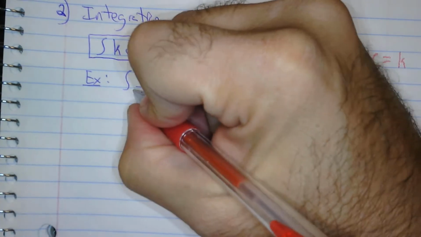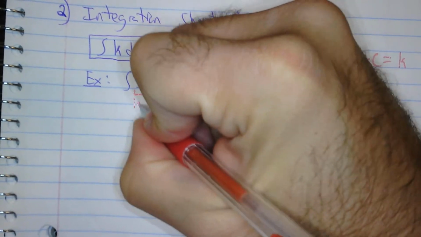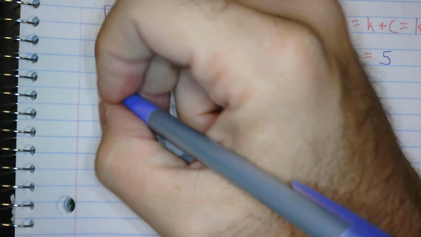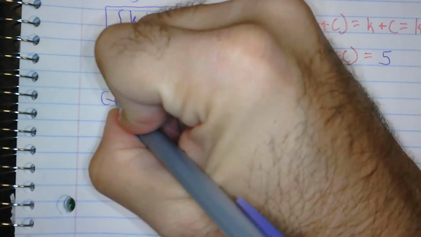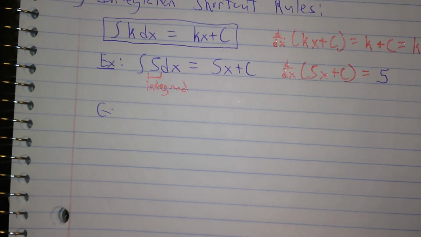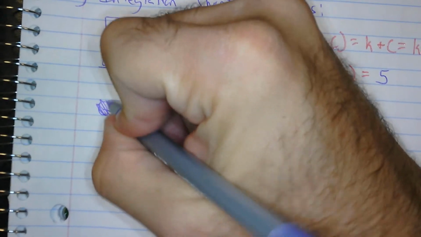What we're integrating is called the integrand. It's the function that we're integrating. Okay. All right, let's try another simple example. Actually, you know what? I think we can go ahead and give you another shortcut rule. So let's do that. Here's a shortcut rule.